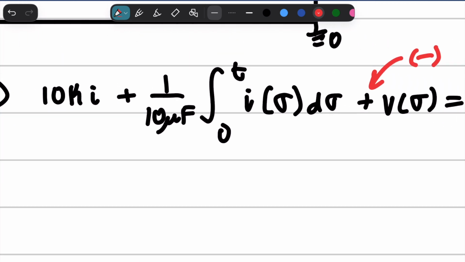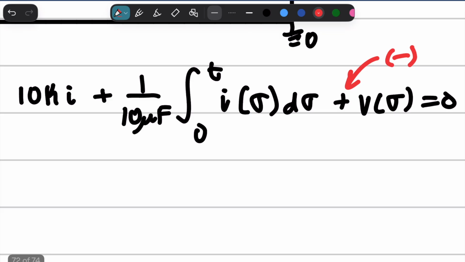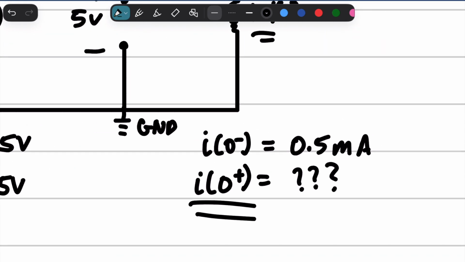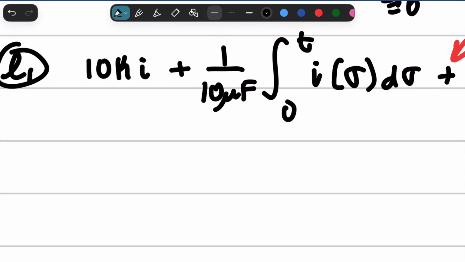Now, this is all nice. However, we need to find I of 0 plus, because we don't know what I of 0 plus is. How are we going to solve our differential equation completely, that is, get rid of the constant, if we do not know the 0 plus portion? So what are we going to do? Well, we're going to solve for I of 0 plus by simply introducing 0 plus into this equation.